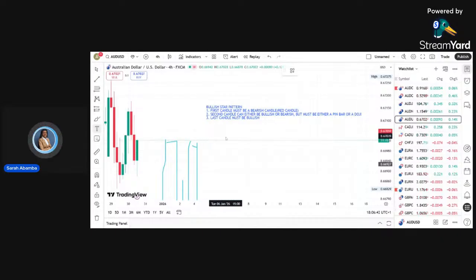Now for the bearish star pattern, the first candle must be a bullish candle.